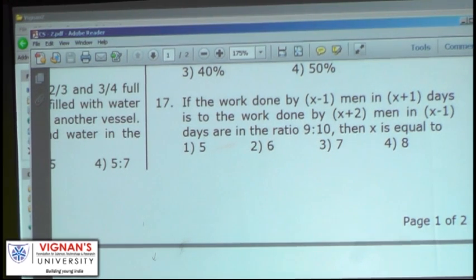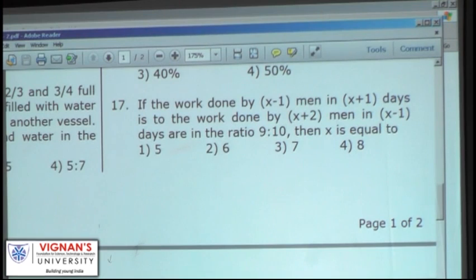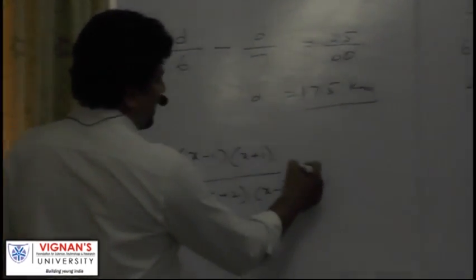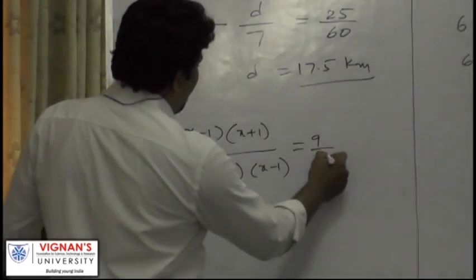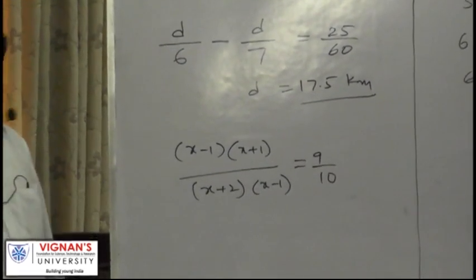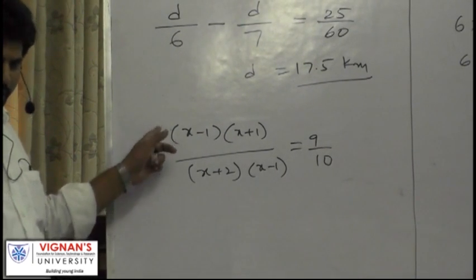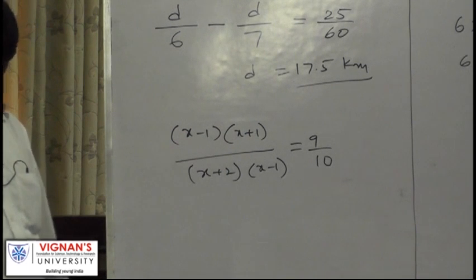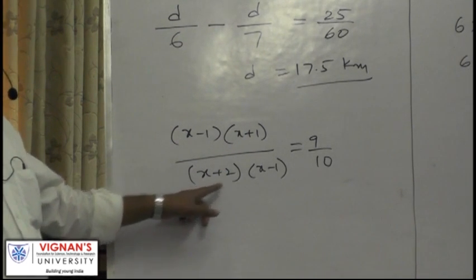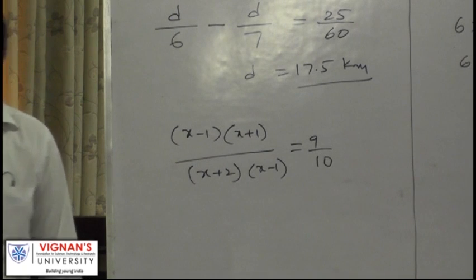Work done by x minus 1 men in x plus 1 days, to x plus 2 men working for x minus 1 days. This ratio is given as 9/10. Work done by x minus 1 men in x plus 1 days, something like 10 men in 12 days, to something like 15 men in 10 days.